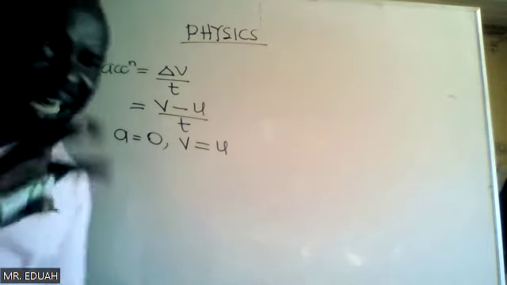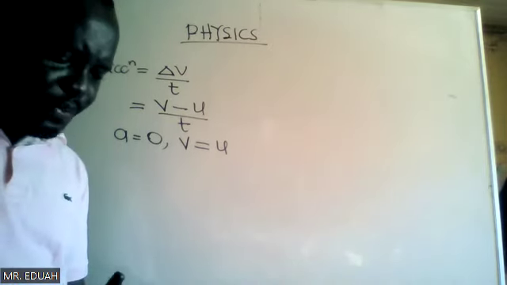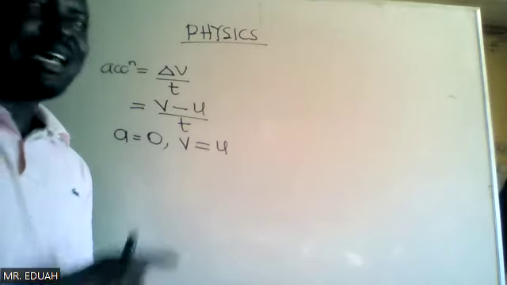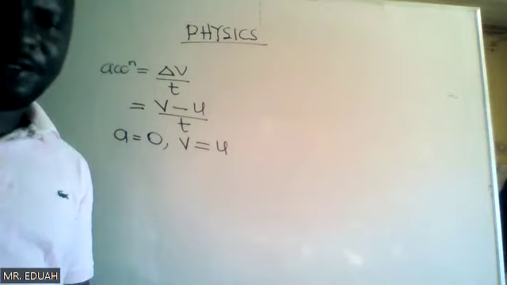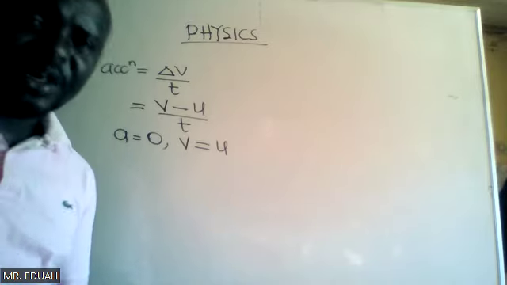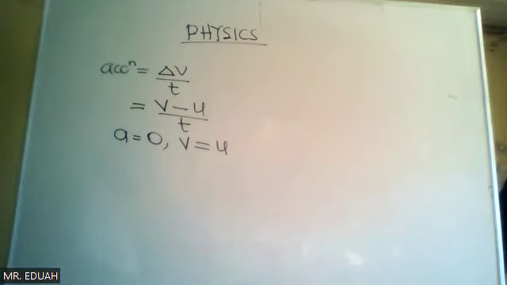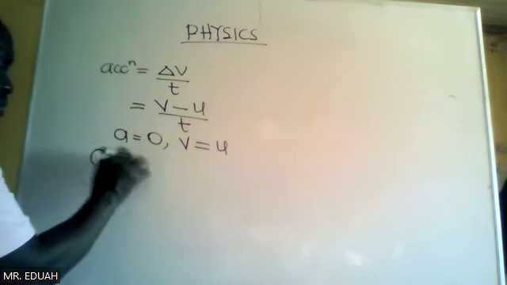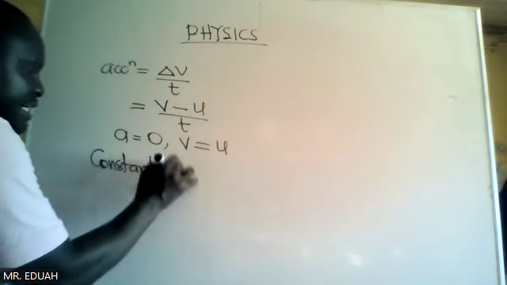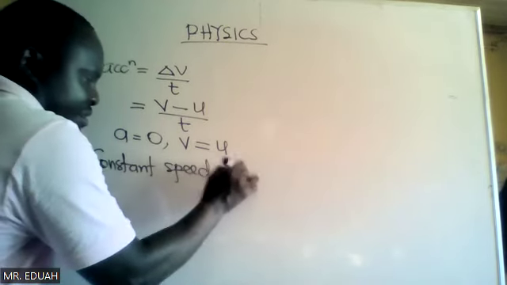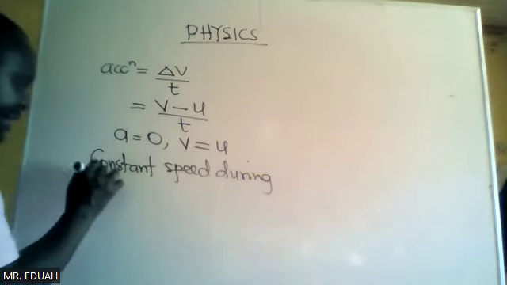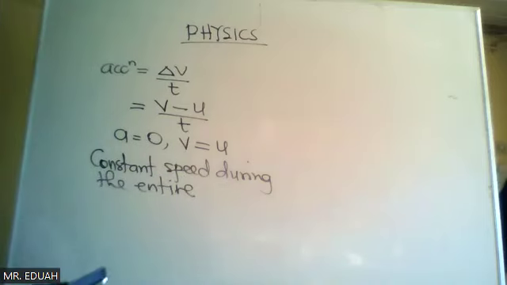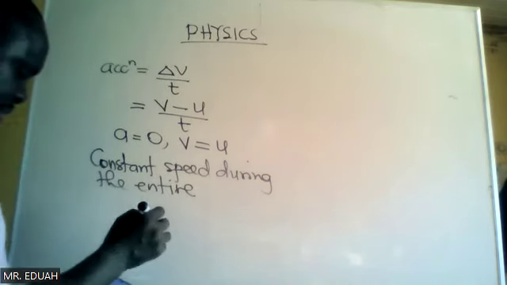In analyzing a graph, you need to look at what kind of graph this is. Is it a displacement time graph? Is it a velocity time graph? Is it an acceleration time graph? We are talking about moving with a constant speed during the entire time interval.